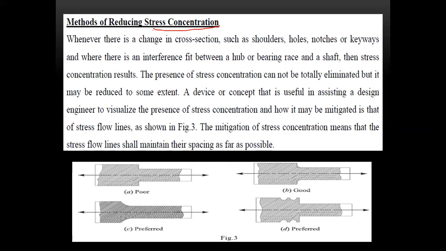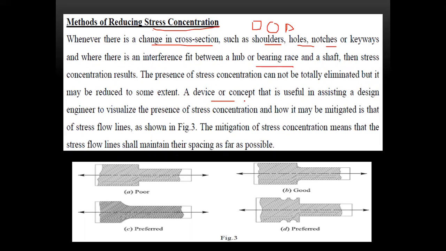Next, how to reduce the stress concentration. What are the various methods of reducing stress concentration, right? Whenever there is a change in the cross section, it may be square, circular, or any other shape, such as shoulders, holes, notches, keyways, etc., and where there is an interference fit between a hub or a bearing race and the shaft, then stress concentration results, right?